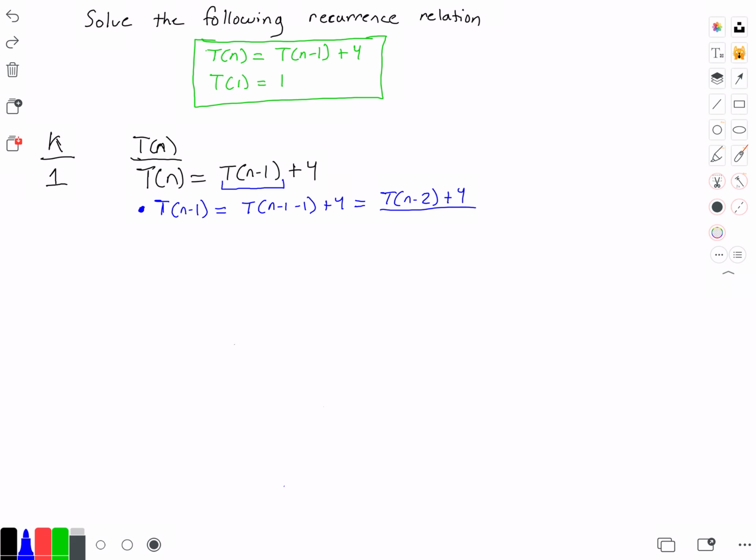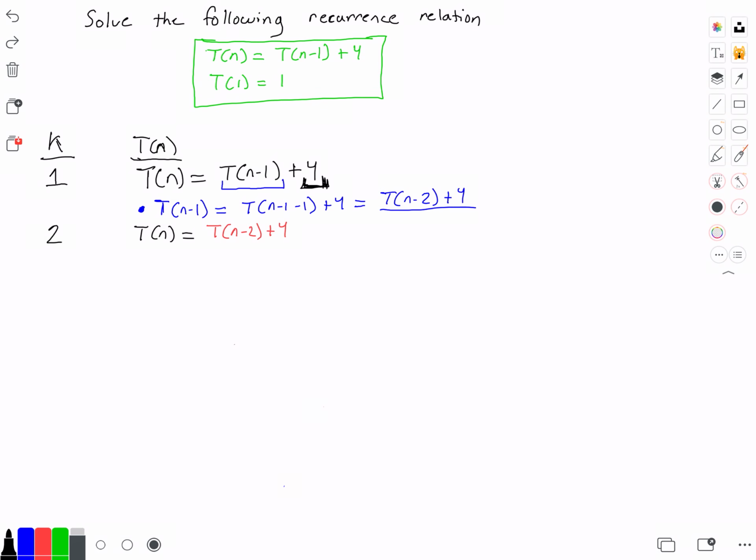Alright, so now we can go to our second iteration, k. So we're going to set k equal to 2, and now our function T of n looks like this. So T of n is equal to, well, before we had T of n minus 1, this time we're going to replace it, and let me just use red here, with T of n minus 2 plus 4, and then we need to add that other 4 from here.